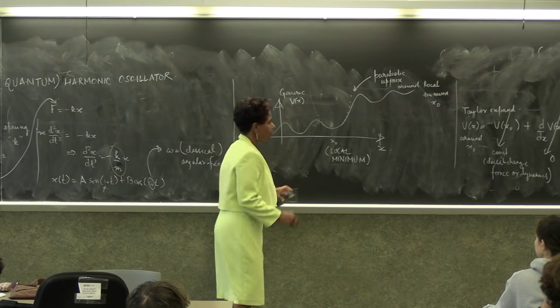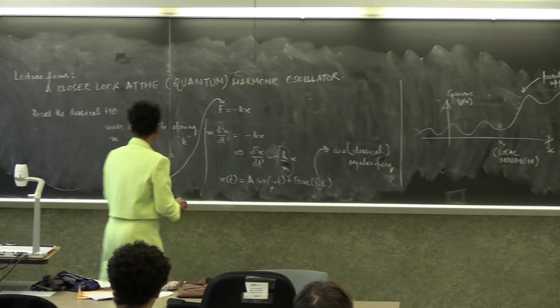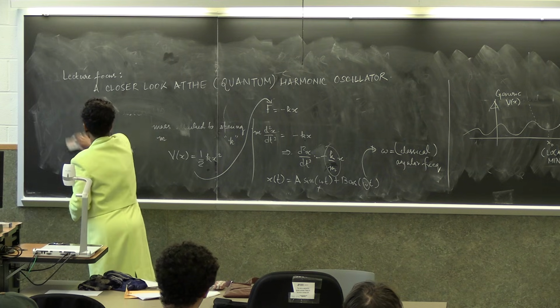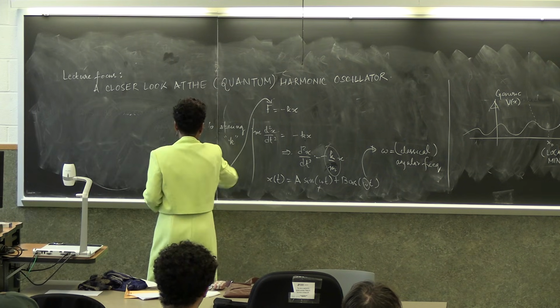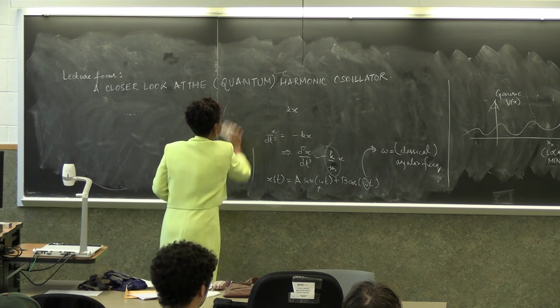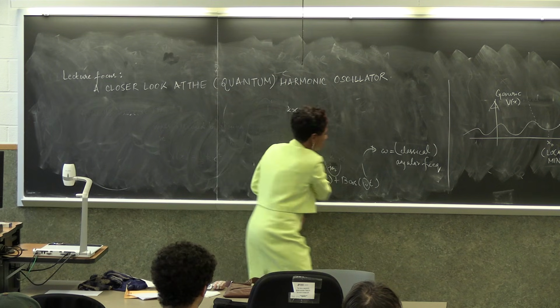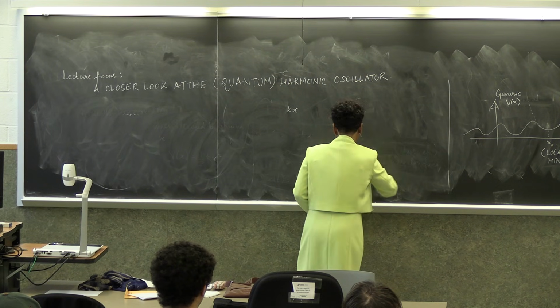But now we go to the quantum version. For the quantum version, as you know, the thing we need from here is the form of v of x.